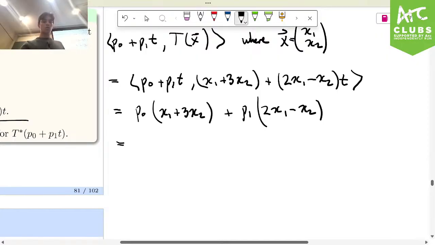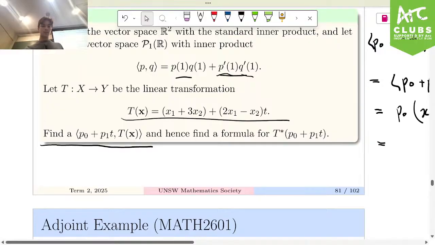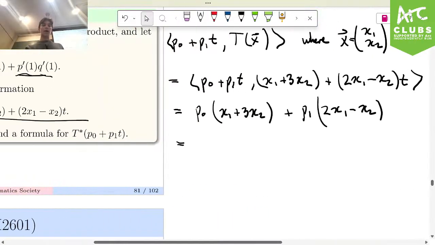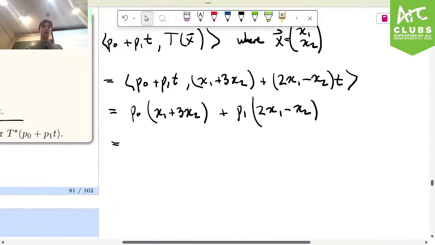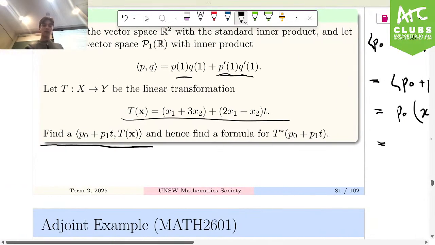Because we're looking for the adjoint, we want to change this into a form where it's an inner product in the world of x, which is R2.